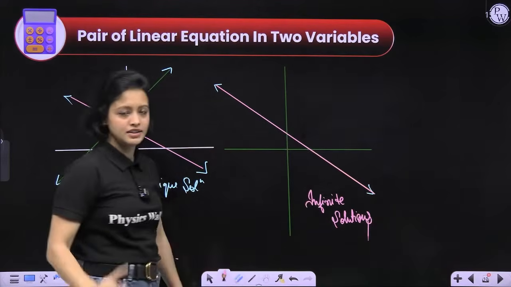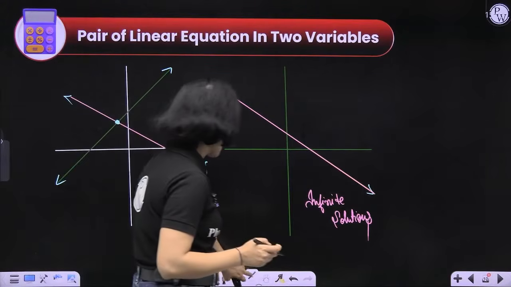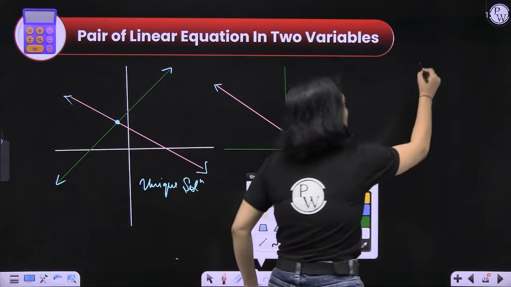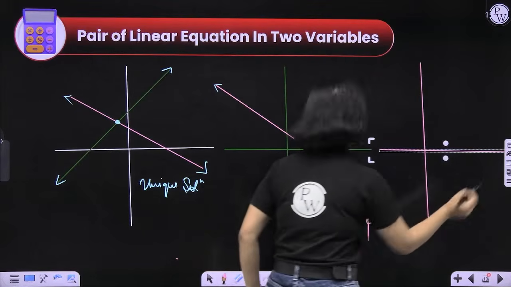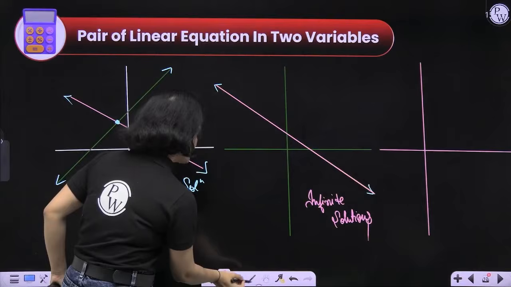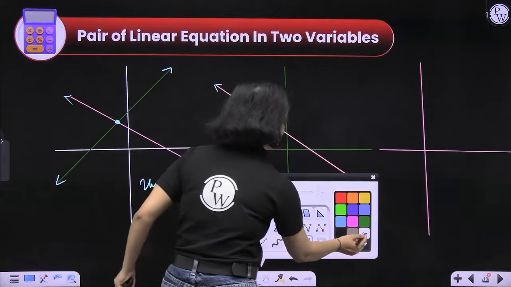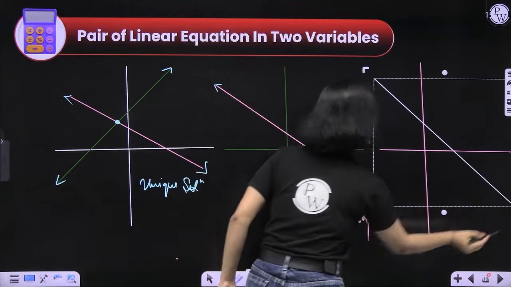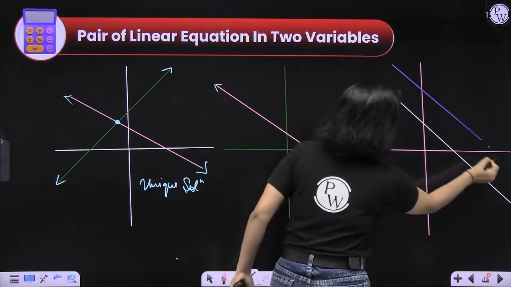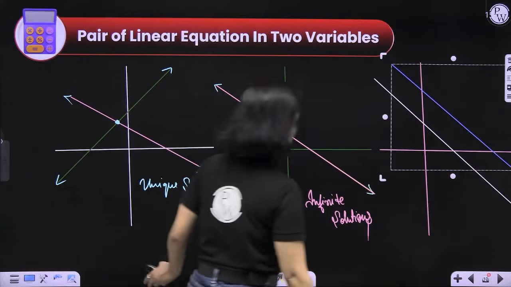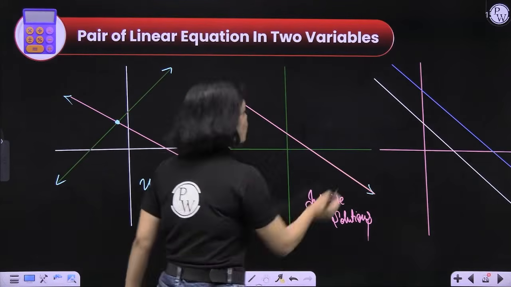Okay, now let's draw another one here. What if we get two lines and both the lines are parallel to each other? Let's suppose that I have drawn one line like this, another is like this. These are the two lines and they are both parallel to each other.